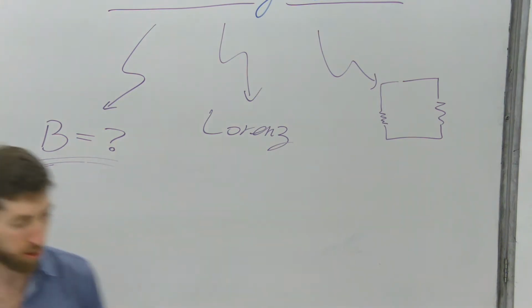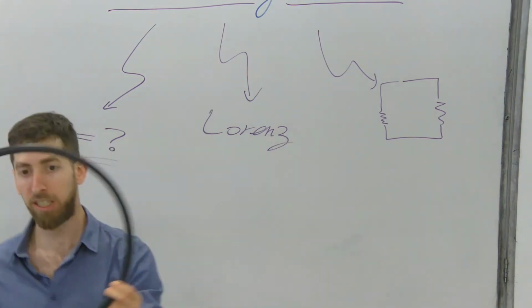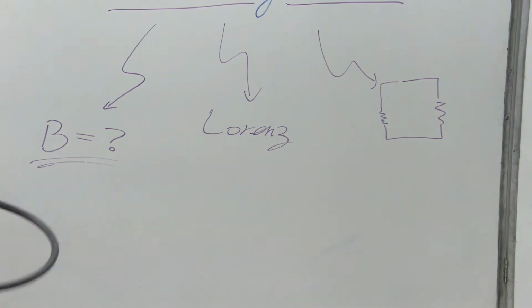So what we're going to talk about today is a system. I brought a ring, okay? A ring with current. So let's draw this ring. Put it here.